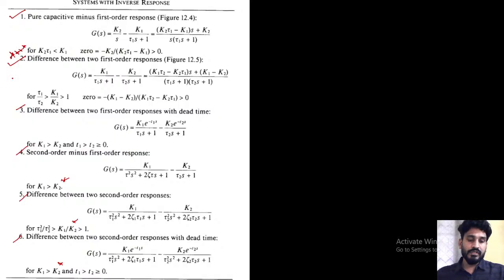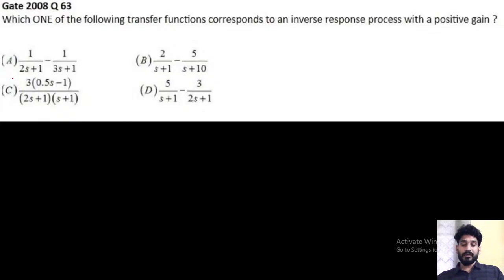We will take some questions based on it, and after that we will come again to that topic. Okay, so please see this question. What is the question? Which of the following transfer functions corresponds to an inverse response process with a positive gain?